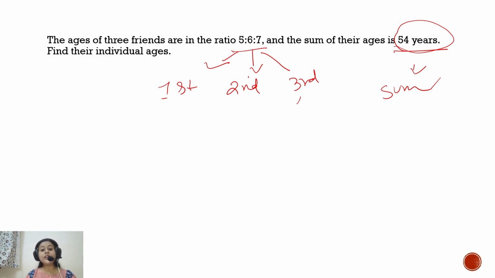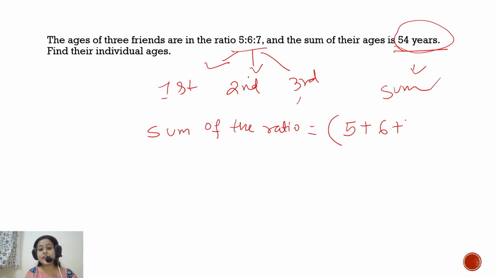So for finding out the individual ages, what do we have to do first? We have to find out the sum of the ratio. So the sum of the ratio is 5 plus 6 plus 7, which is nothing but 18, right? 5 plus 6 plus 7 is 18. Now we have to apply the previous formula.